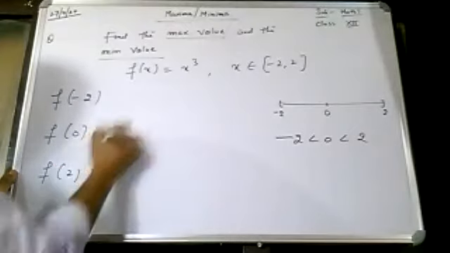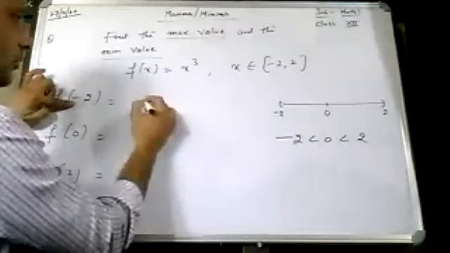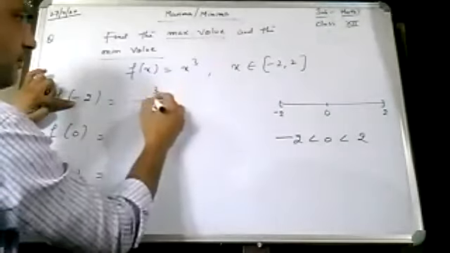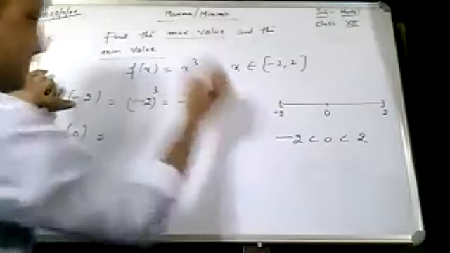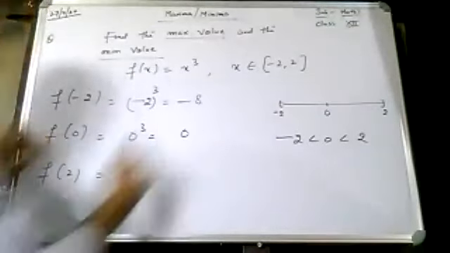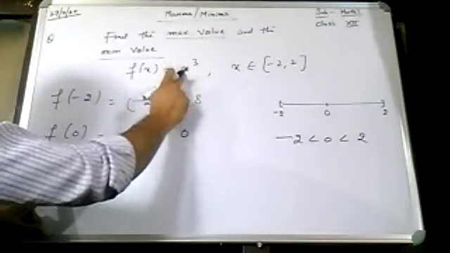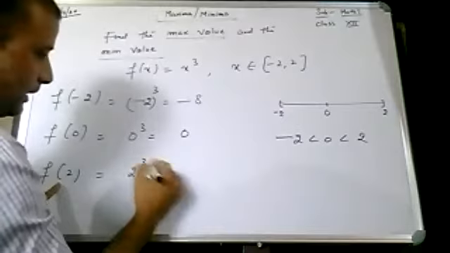F of -2 means put x is equal to -2, so -2 cube is -8. F of 0 means 0 cube, answer is 0. F of 2 means in place of x you apply 2, so this is 2 cube, answer is 8.